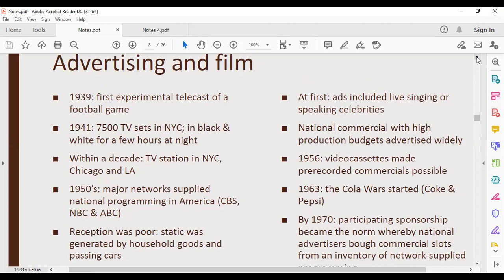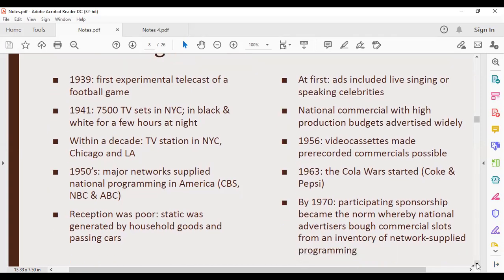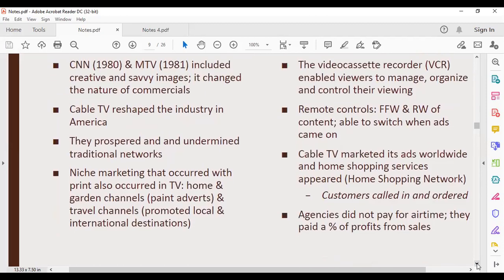From 1963, this is when Coke and Pepsi were trying to dominate the soft drinks industry. Then in 1970, participating sponsorship became the norm, whereby national advertisers bought commercial slots from an inventory of network-supplied programming.